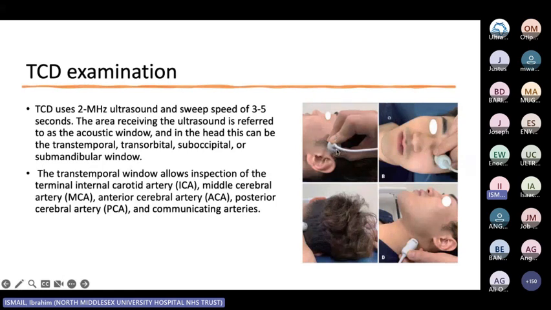However, I don't commonly practice this, but you can do the transorbital, the suboccipital, and the submandibular window as well. Like I said, the transtemporal window allows inspection of the terminal internal carotid, middle cerebral artery, anterior cerebral artery, and posterior cerebral artery. There are communicating arteries, obviously, as well, but that wasn't covered in the STOP trial, and we don't interrogate it very much here.